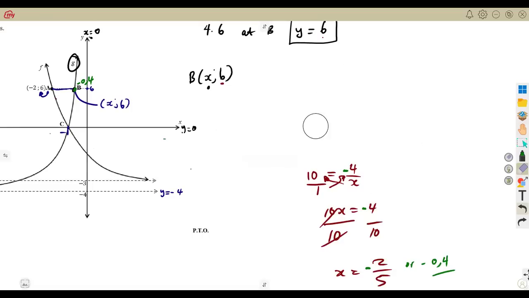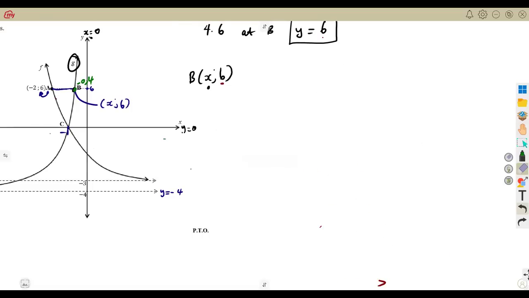You can use the distance formula, it's up to you. But this is the idea of a straight line. When you are given a horizontal line, just work with the x values. The x at A is minus 2. The x at B is minus 0.4. So the distance there is the difference between these two. Whether you subtract this way or the other way, the difference between them is the distance.